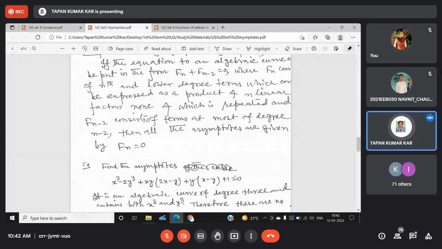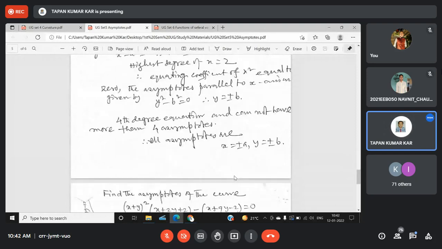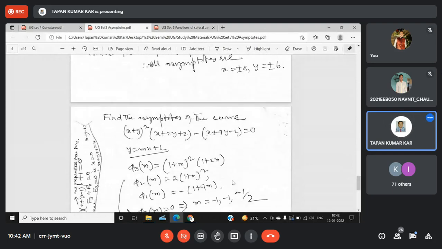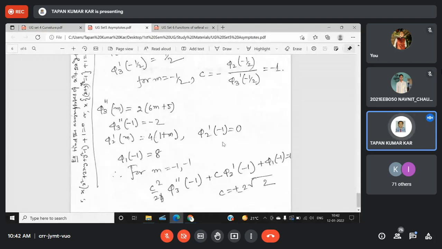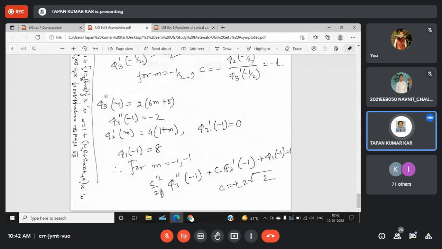So one example is given. Here minus 1 has two roots, repeated roots, and for this purpose this special formula is used. When you find that all roots are different, no problem, only use the formula c equal to minus phi n minus 1 m by phi n dash m.